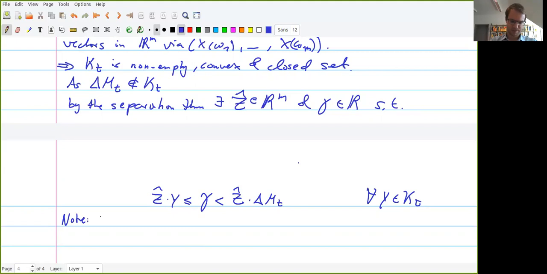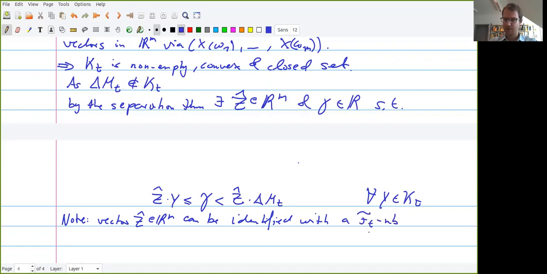And now I want to remark two things. The first, that the vector Z hat, which is an element in R^m, can again be identified with a random variable which is F_t-measurable.